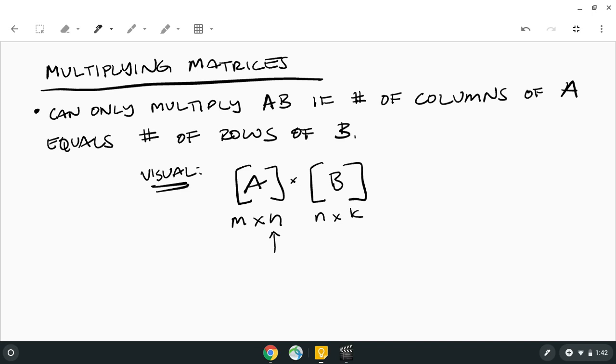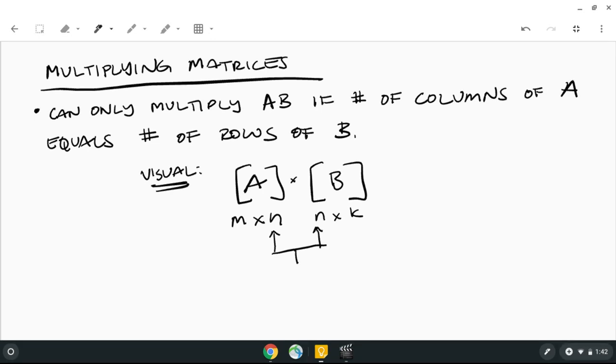These two right here need to match. If they don't match, you can't do the multiplication. They need to match.